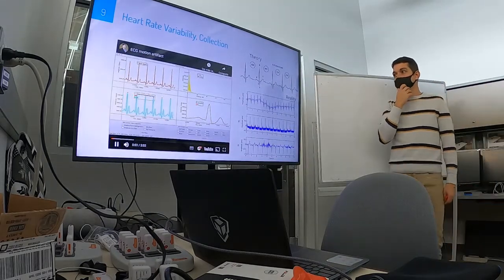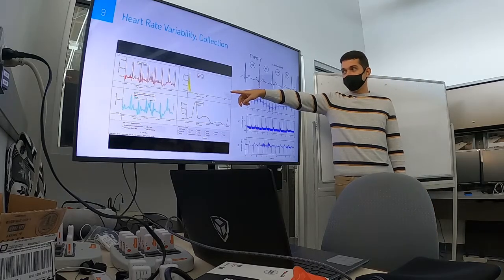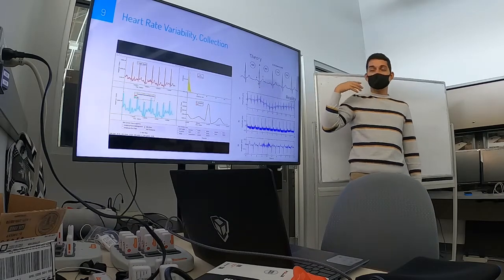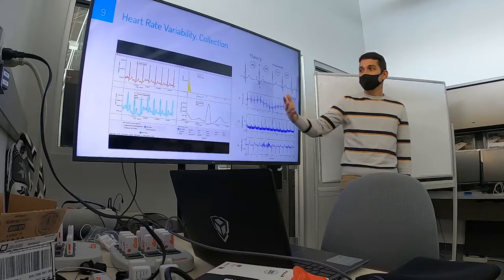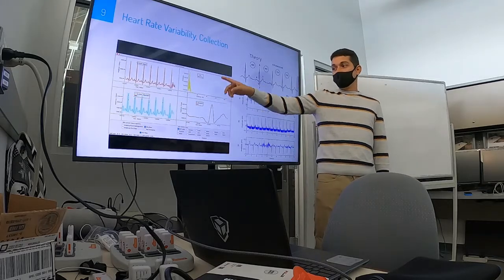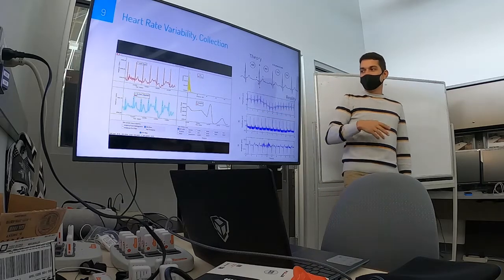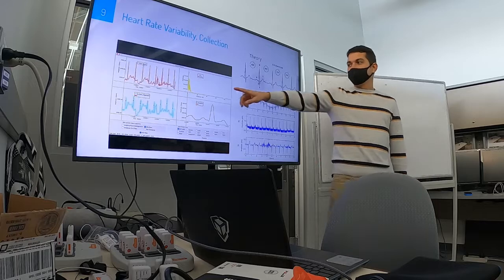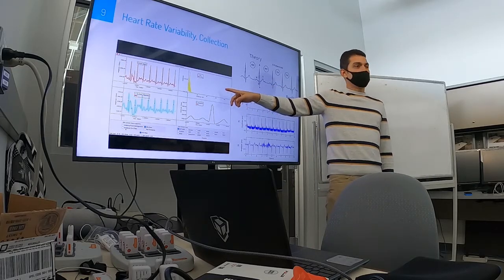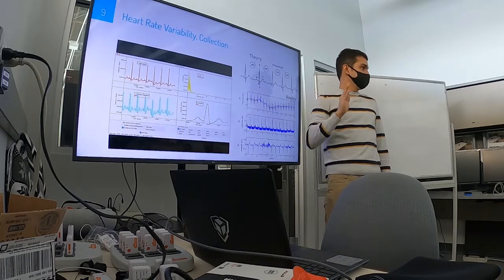If you see them in real time, what is going to happen with the spectrum when you're collecting the signals and trying to do things in real time, which is what we want to do? We want to collect the signal, extract the peaks, and then compute some of these features. So you will see that depending on the motion artifacts that we have, see the variation of, for instance, the power spectral density. So it's shifting.